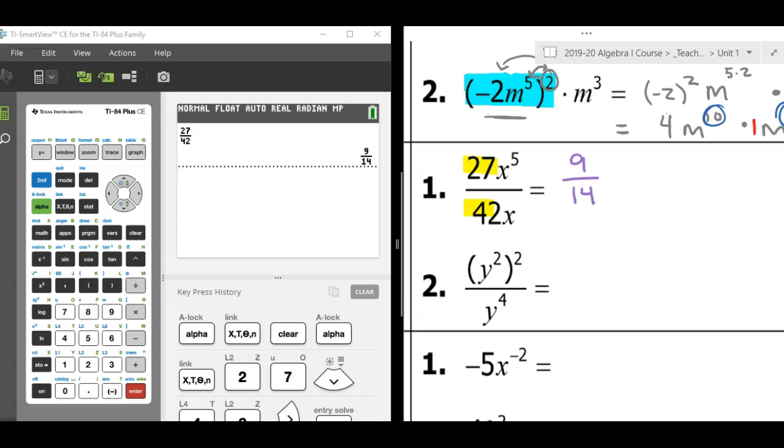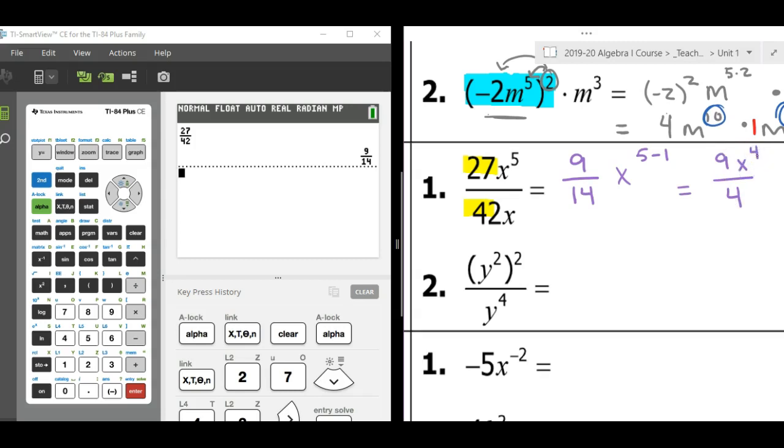Okay, 27 over 42 reduces to 9 over 14. I have a common base of x. I have a top exponent of 5 and a denominator exponent of 1. So I have 9 over 14 x to the 4th power.